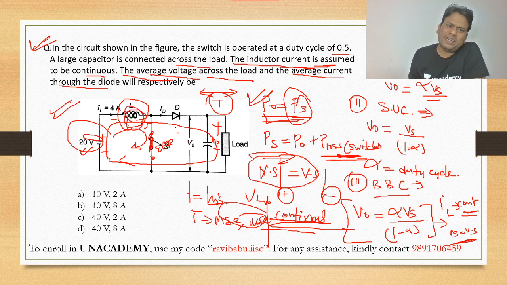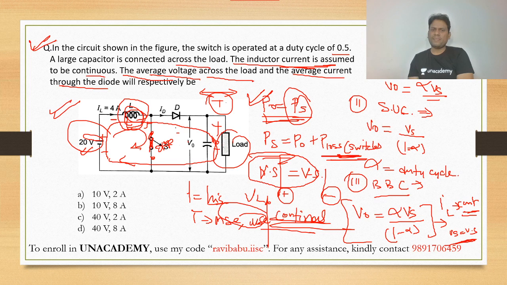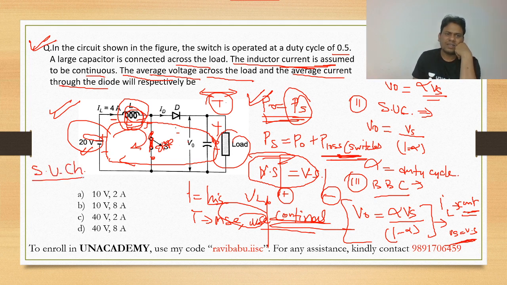This supply and inductor both will work as a source for this load. So please mind it, my dear friend, that type of circuit configuration is called a step up chopper.